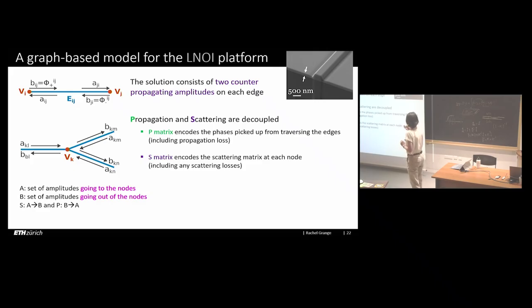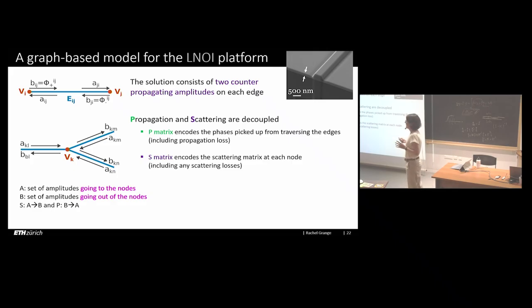We also have the definition of propagation and scattering matrices. The propagation matrix encodes the phase picked up along the edges, and we have a scattering matrix for the nodes, including any scattering losses. So we have a system really trying to mimic these propagation and scattering effects.